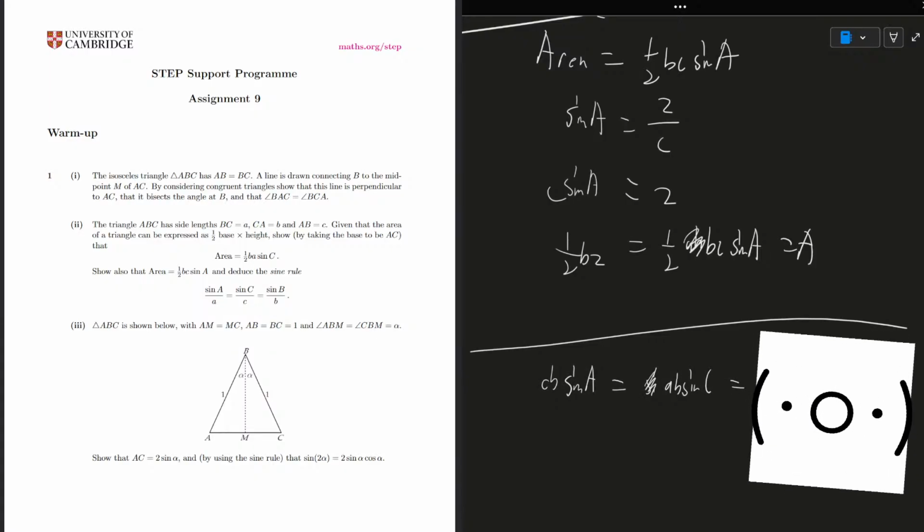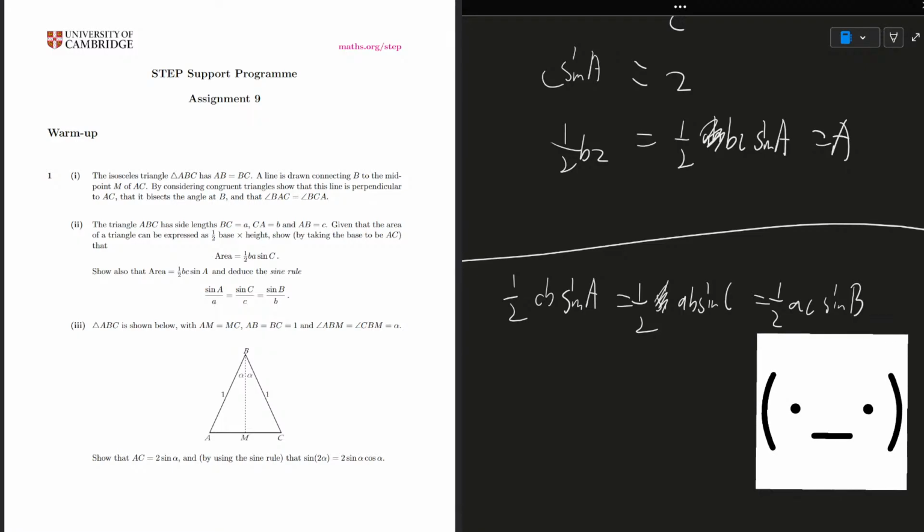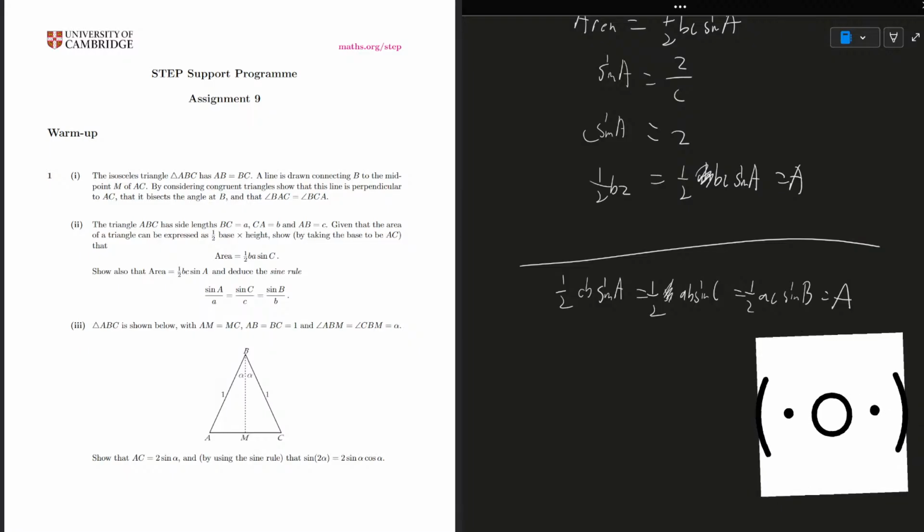So, by multiplying everything by ABC, we get this, which sounds suspiciously similar to this. And we know this is the area. And we know that all three of these are equivalent to each other.